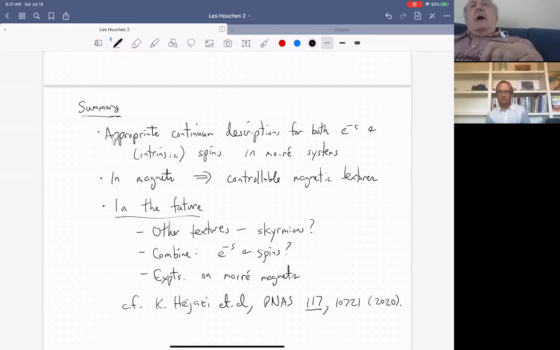So my question is, how robust is the description you gave of the bilayers to these kinds of states?